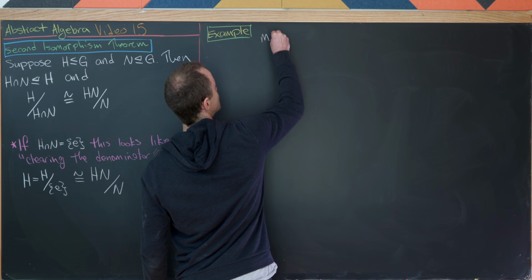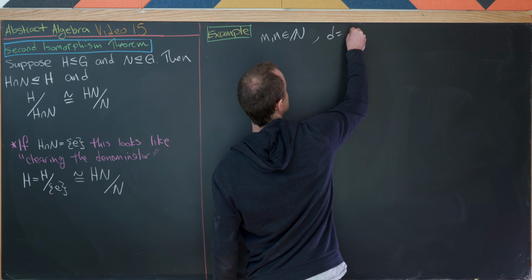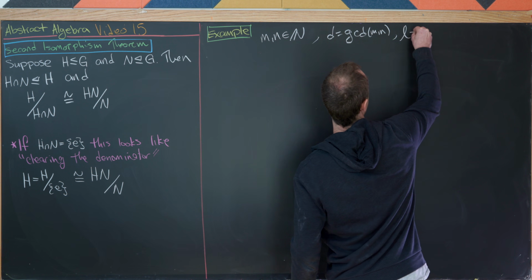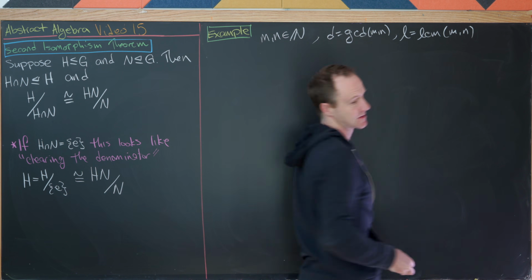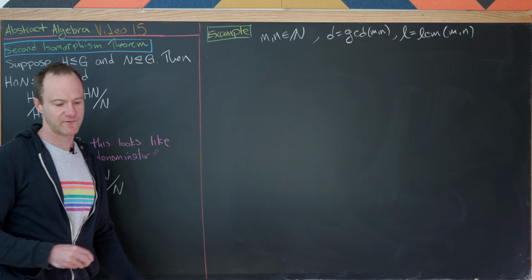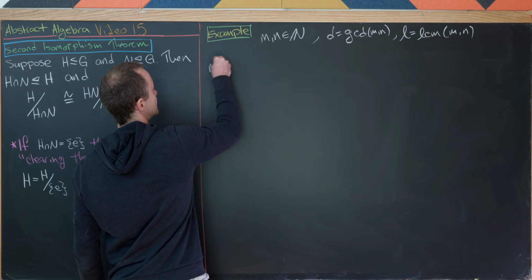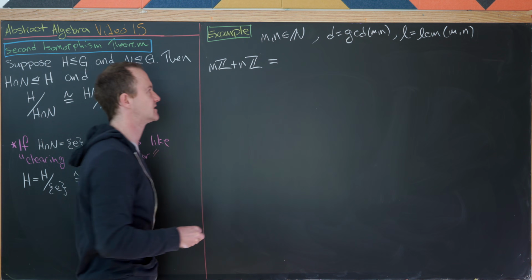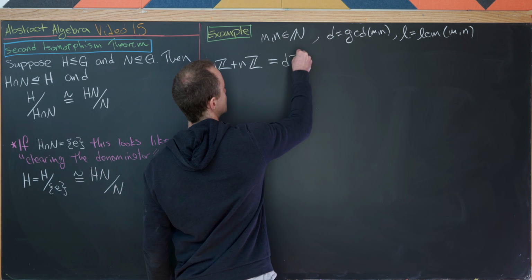So let's take two natural numbers, m and n, and then let's set d equal to their GCD and L equal to their LCM. Great. And now I'd like to make the following calculation. We'll start with the following well-known observation: if you take mZ plus nZ, the sum of two subgroups inside of Z, you get dZ.